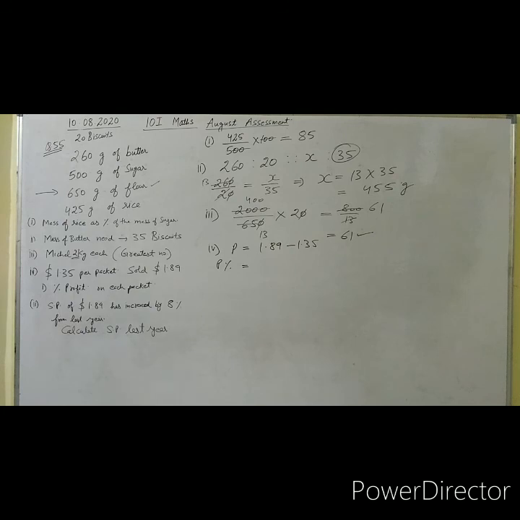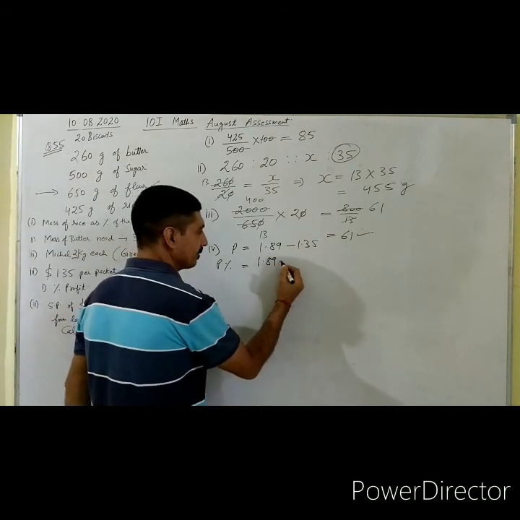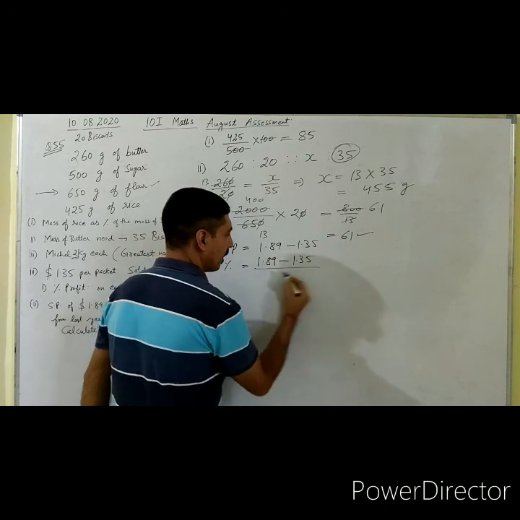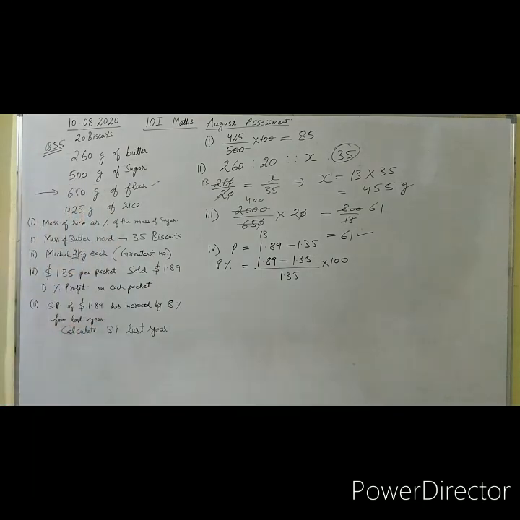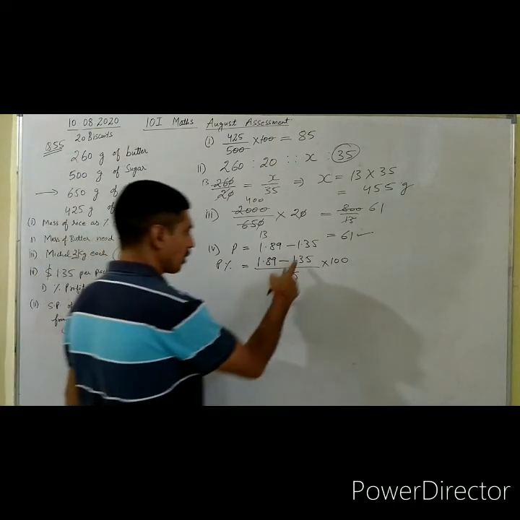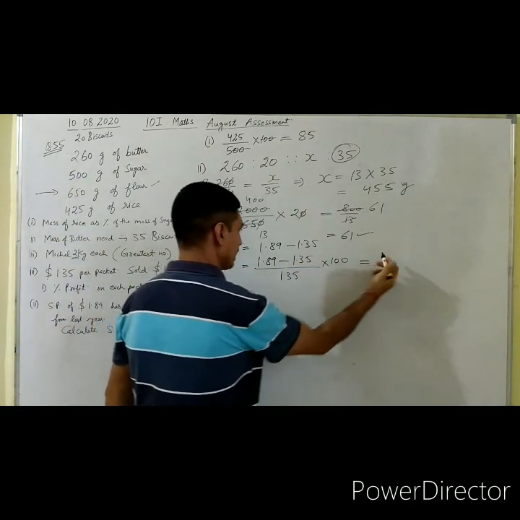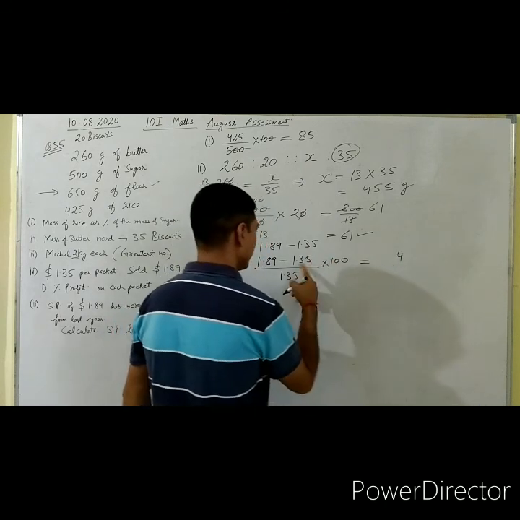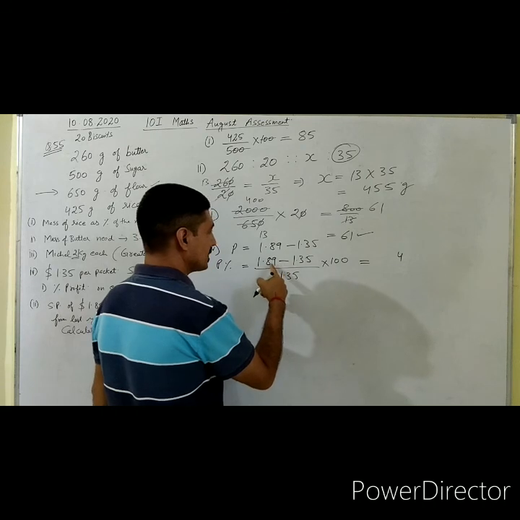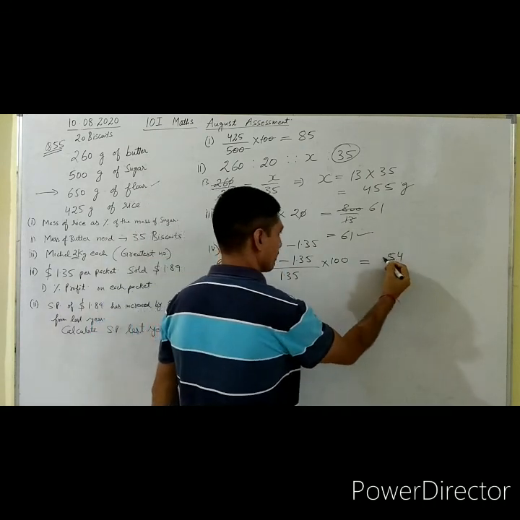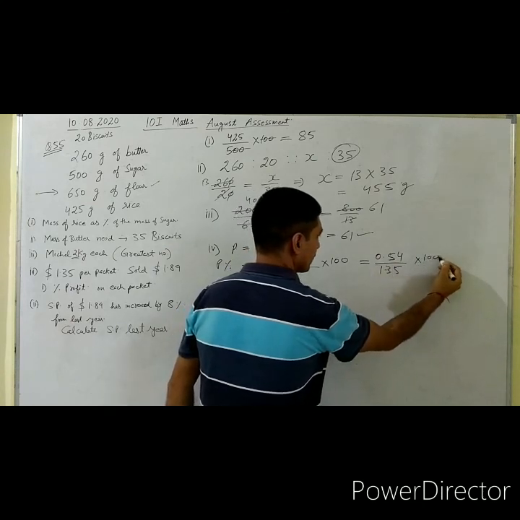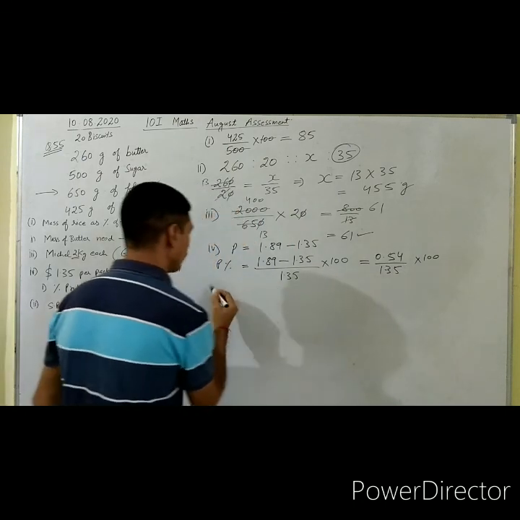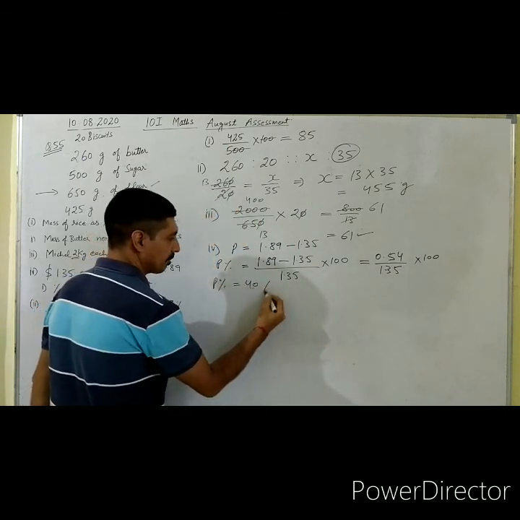So the percentage is 1.89 minus 1.35 upon 1.35 into 100. When we solve, it is about 40%.